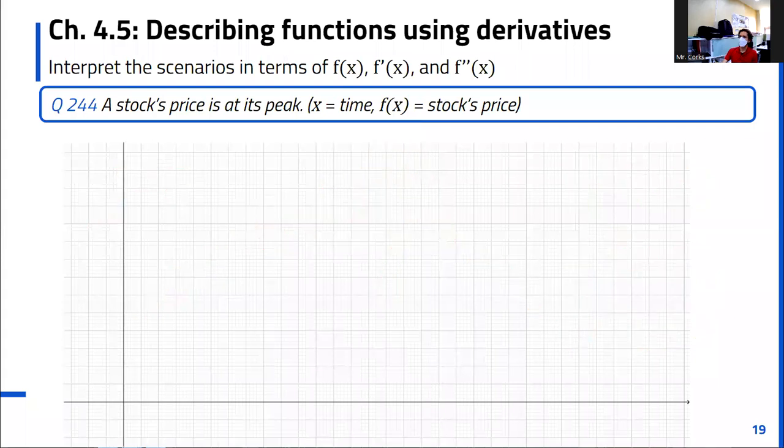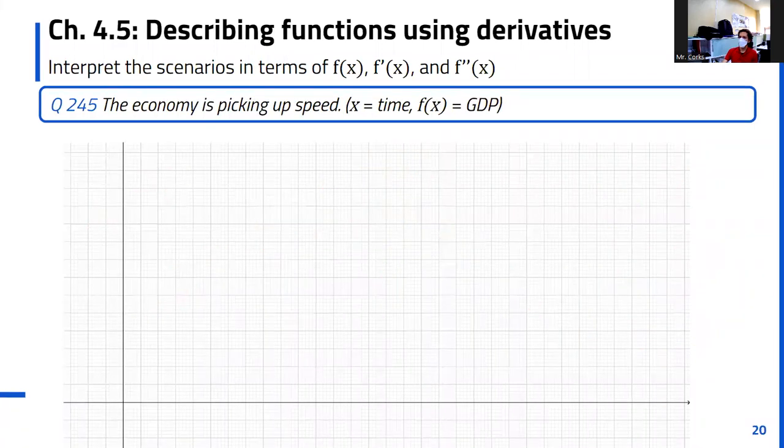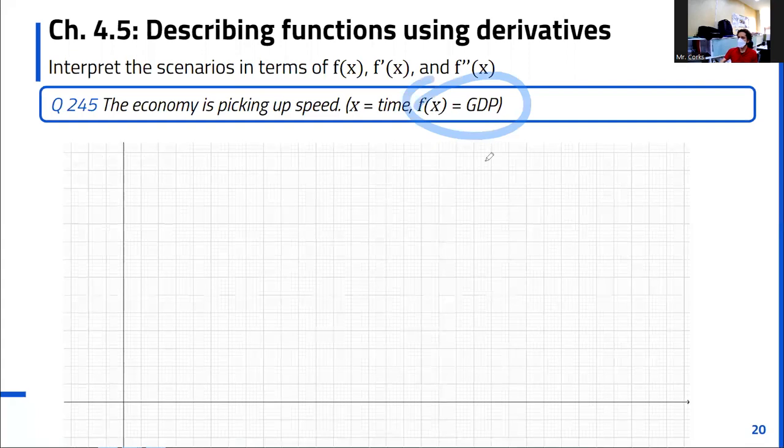All right, next one. The economy is picking up speed. So this is GDP, gross domestic product. It's just the sum of all the money made in a country, so that is always going to be positive. Our first derivative: economy is picking up speed.